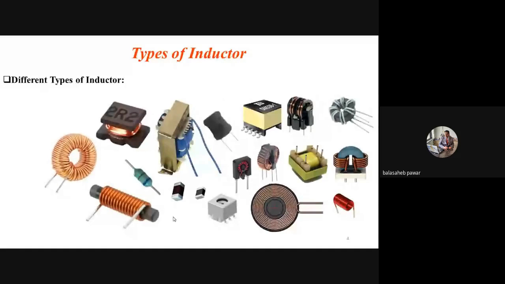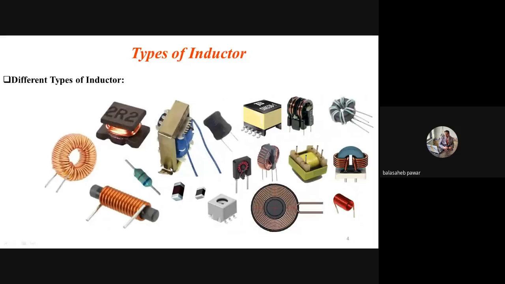Now, the various types of inductors available in the market, you might have seen such devices. All are inductors. The only thing I want to highlight is the device where I am moving the cursor. It looks somewhat like a transformer. Is it visible to all? So it looks somewhat like a transformer. Such devices, mostly you call a transformer, but this is not a transformer, remember.